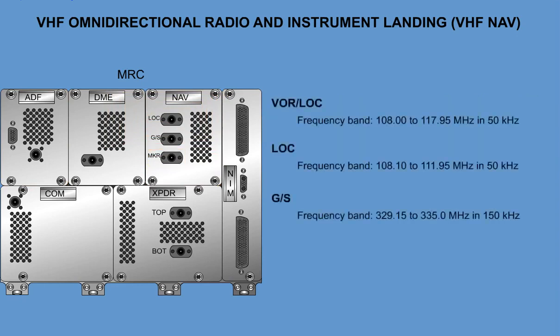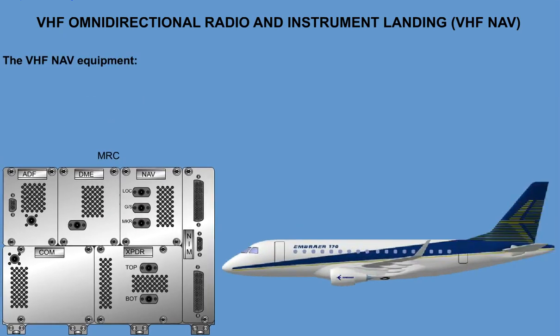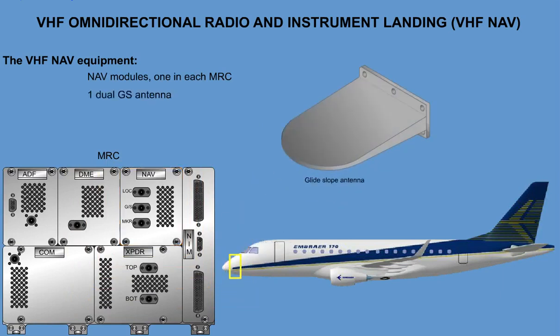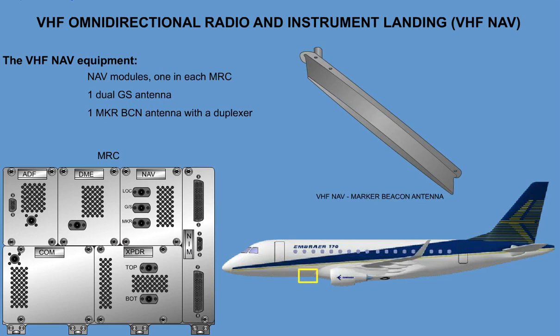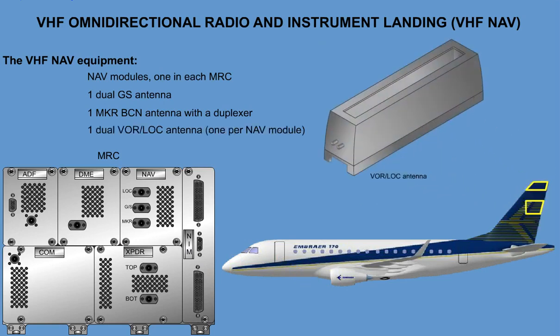The receiver system automatically pairs localizer and glide slope channels to assigned frequencies. The VHF NAV system consists of 2 NAV modules, one in each MRC, one dual GS antenna, one marker beacon antenna with a duplexer, one dual VOR localizer antenna, one per NAV module.